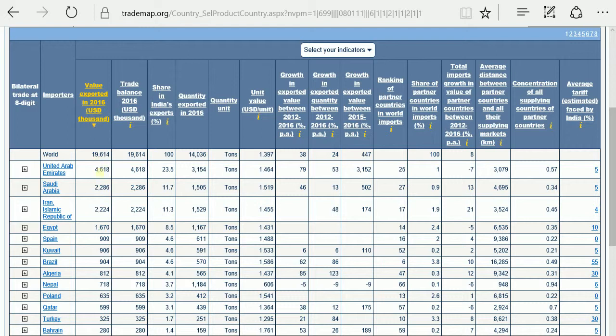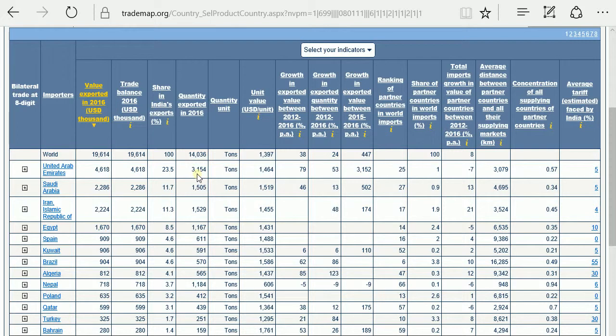So, this shows the worth of desiccated coconut exported from India to UAE. Trade balance and the value exported show the same number. What does it mean? This means UAE is completely using the desiccated coconut that is imported from India for its own use.